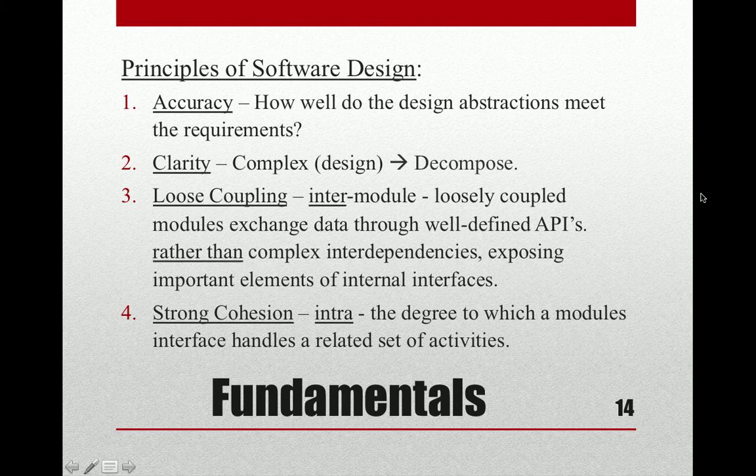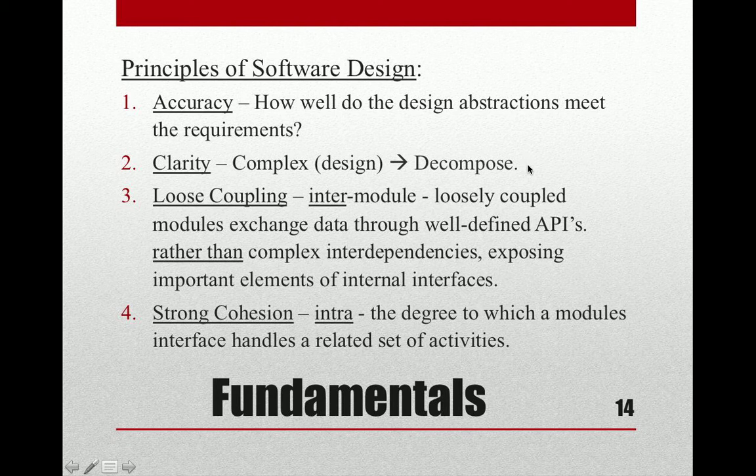The 4 principles the author discusses in the book start with accuracy, which is how you take requirements and turn them into a design. Clarity is decomposing, and again, this could be data flow diagrams: you need to decompose very complex processes into simple processes with trust boundaries, so that you can actually analyze what's going on.